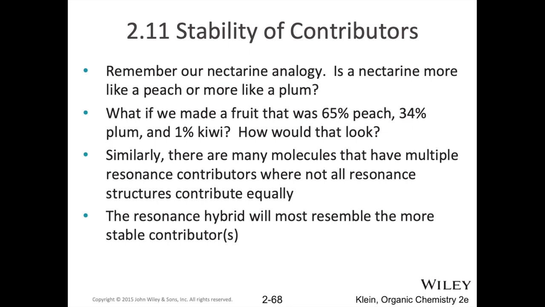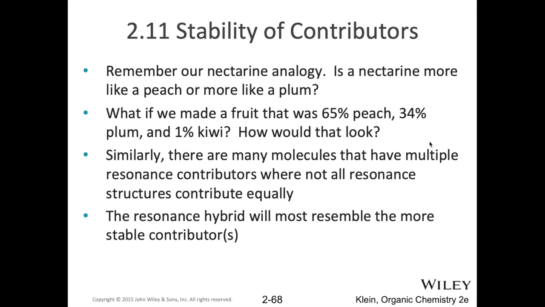However, there are situations where one resonance contributor might be more stable than another, or another one might be less stable. And as a result, they don't contribute equally to your hybrid structure. So when you're looking at that molecule and trying to think about what this hybrid looks like in real life, you've got to take that stability into account.